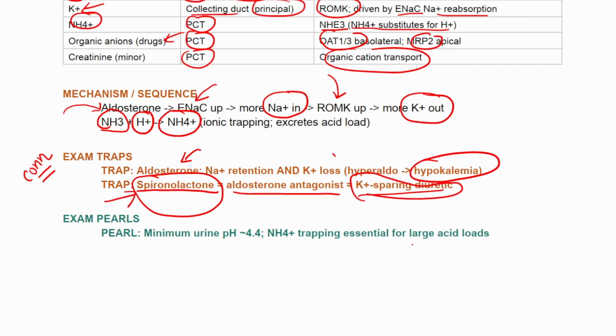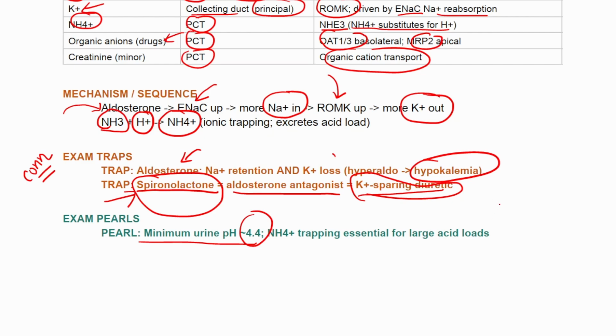And to secure your top score, you must memorize the chemical boundaries of the ammonium buffer trap and its absolute limit. The human kidney cannot physically lower the urine pH below an absolute minimum threshold of approximately 4.4 because of this steep electrochemical gradient. Secreting free hydrogen ions alone is completely insufficient to clear the massive daily acid loads produced by protein metabolism.